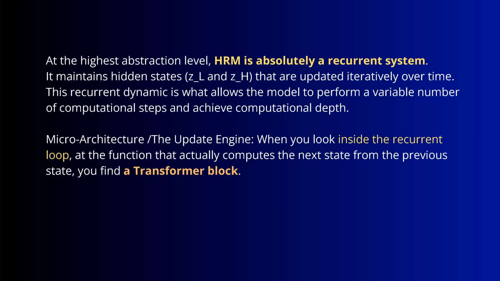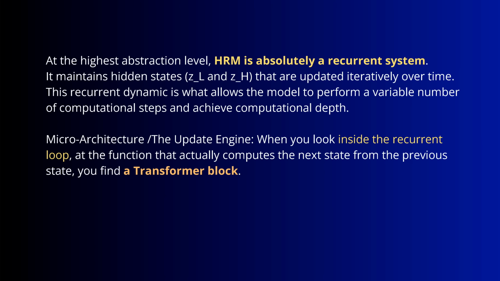However, if you implement it now on the architecture level, in the update engine itself, if you read the paper, and this confused me at the very beginning, the first 10 pages of the paper, thinking about RNN, in reality, it's not an RNN, it's a transformer block. So be careful, I just want to tell you this.